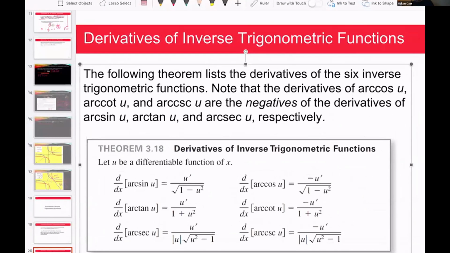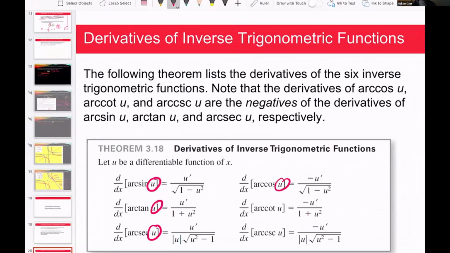Essentially, let me go over this real quick. If you have an arc sine function and you're talking about the derivative of that, make sure about those u's here, because this is an arc trig function of a function. So here, u is a function of x.